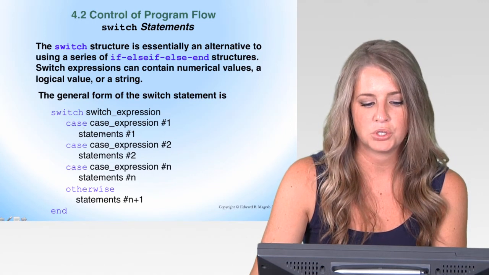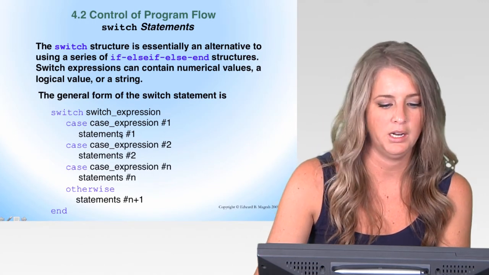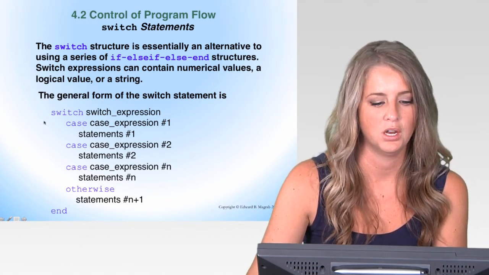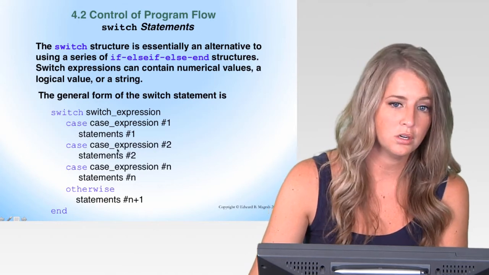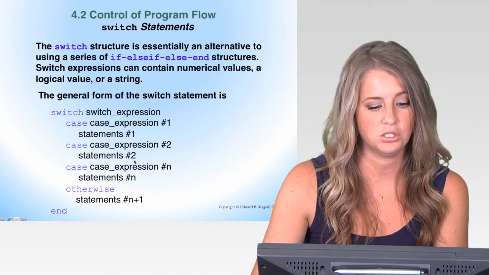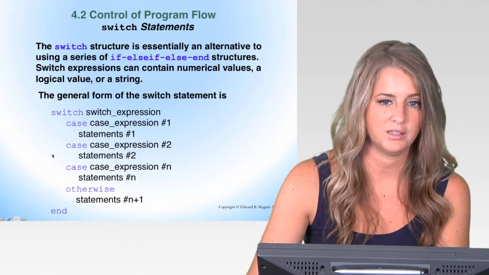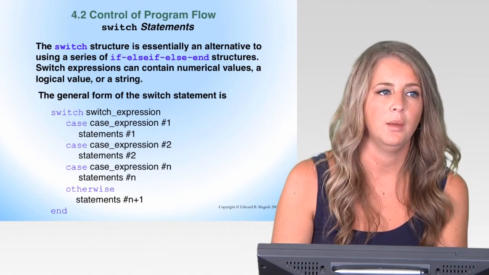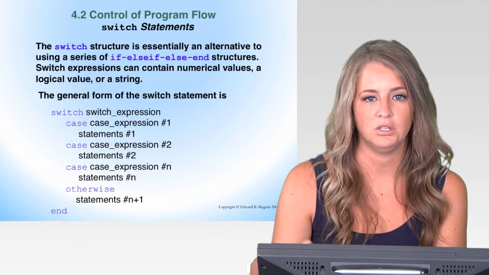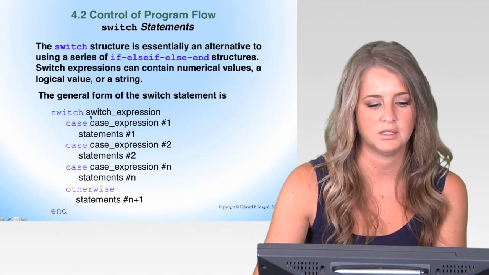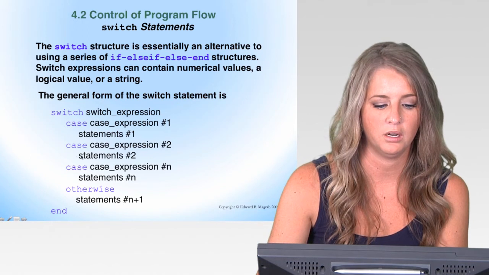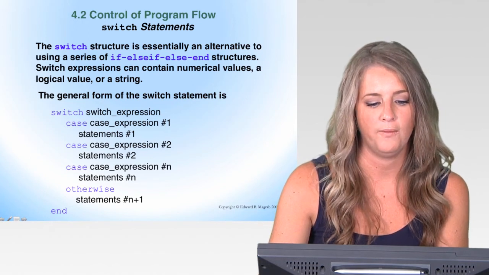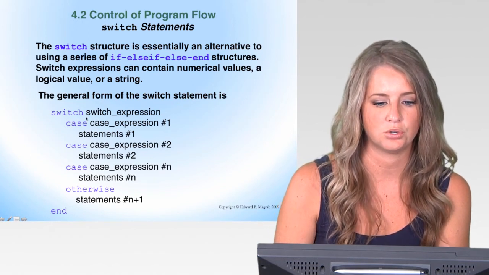If case 1 is true, then it will execute these statements and then exit the switch structure. If case 2 occurs, then it will evaluate case 2 statements, and then exit the structure. So unlike the if-else, where it could have possibly gone into further statements, this one is just going to evaluate the one case depending on what the input is to the switch structure.